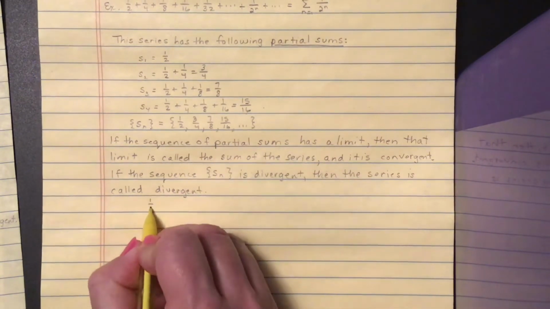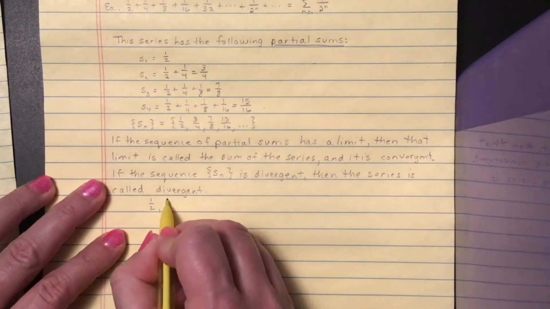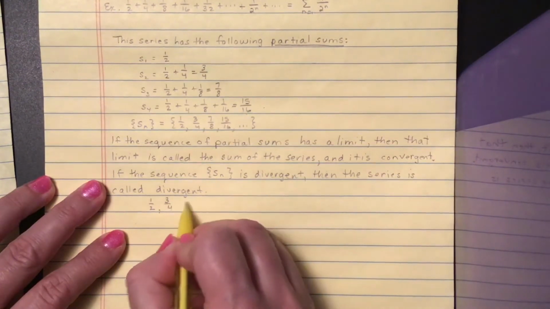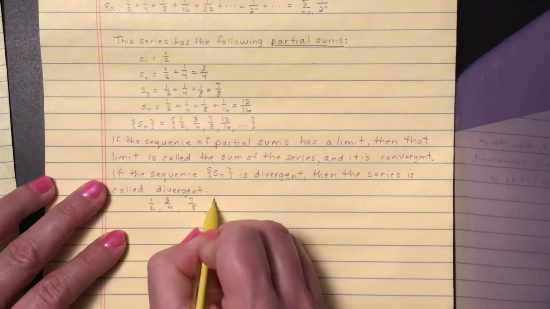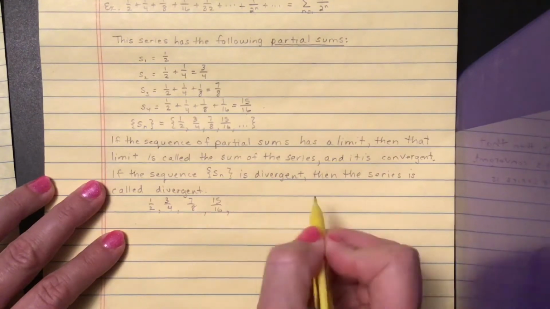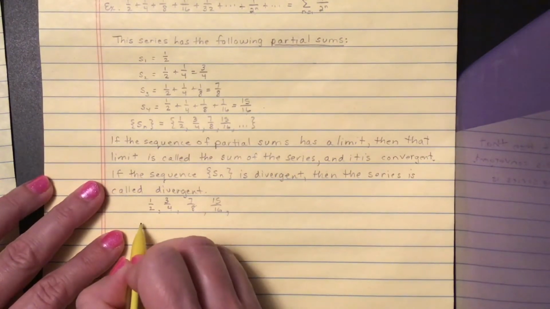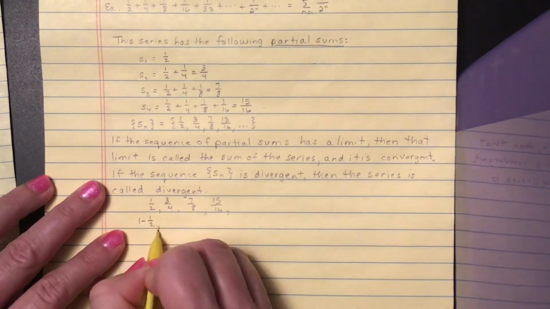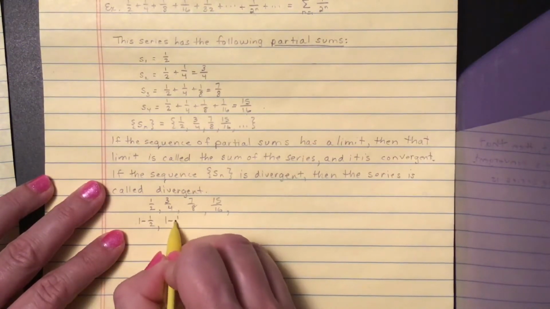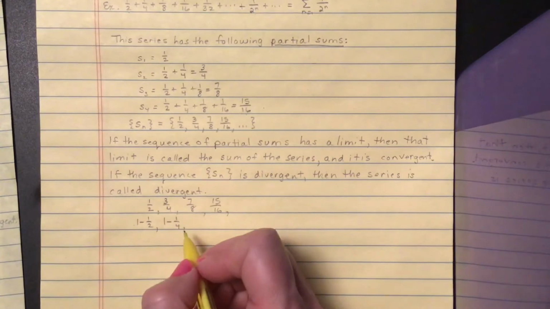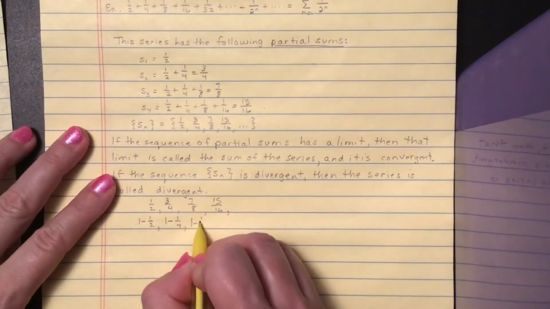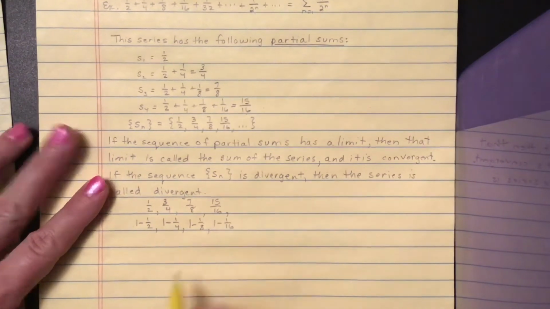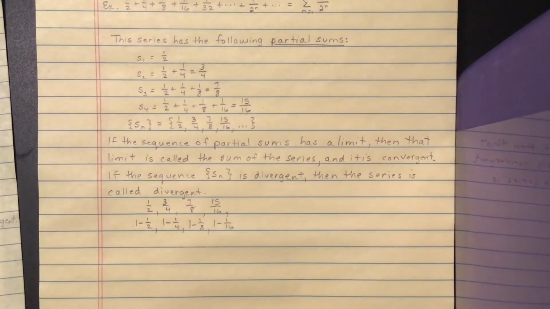So if I look at those sums, they are 1/2, 3/4, 7/8, 15/16. We'll take those and we can rewrite them as 1 minus a half, or 1 minus a quarter, or 1 minus an eighth, or 1 minus a 16th. So we could look at them that way.